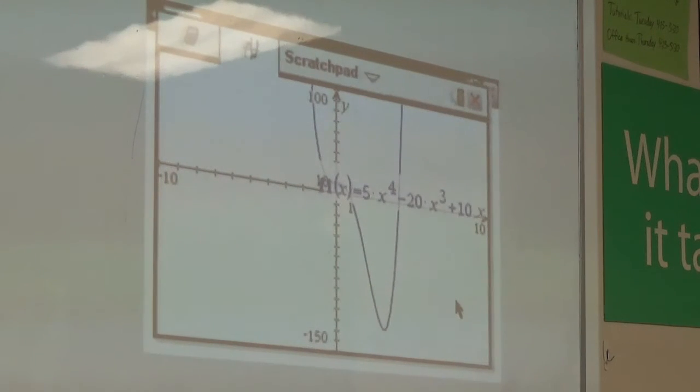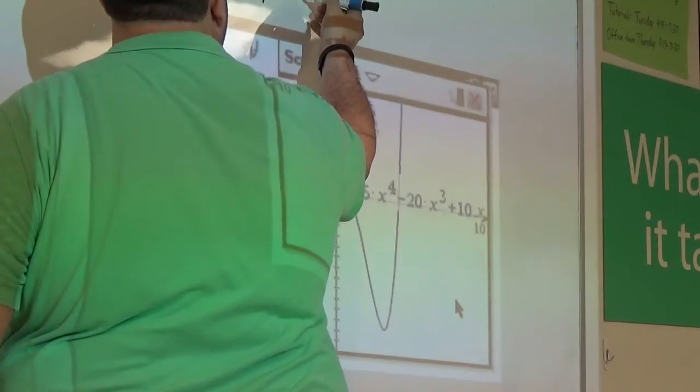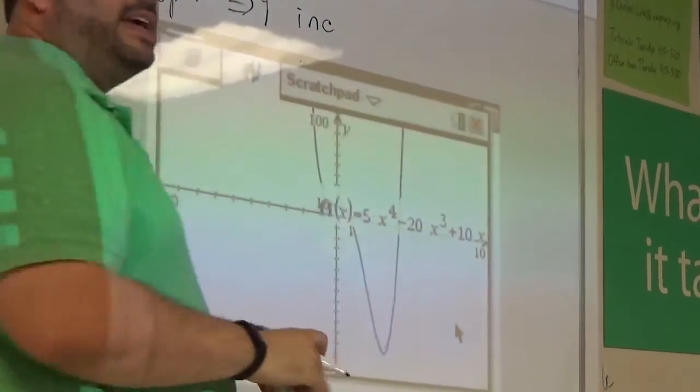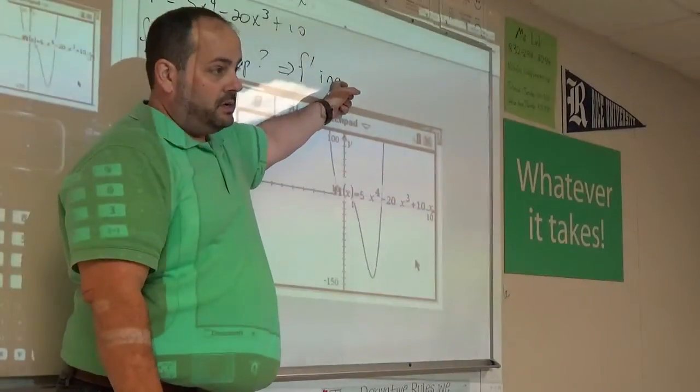I'm asking you about f being concave up. If f is concave up, the graph that you can't see. Jose, what's true? For concave up, f prime of x goes up, the tangent lines are increasing. Okay, is everybody okay with that? If f is concave up, f prime is increasing.